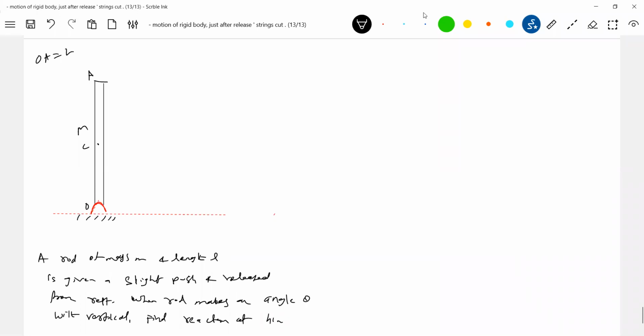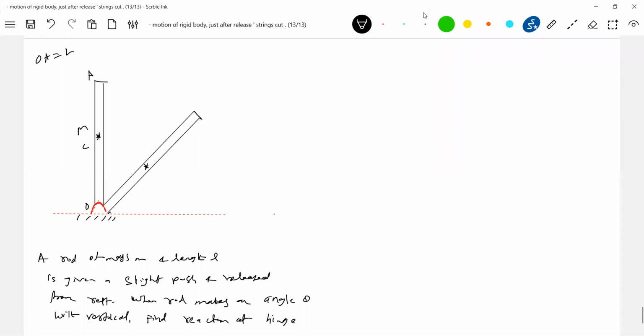I think we have only 11 minutes of time, we'll wind up this. So when the rod makes an angle theta, what is the position of the rod? After some time the rod will come like this. The center of mass was earlier here, now it has come here, so it has descended.